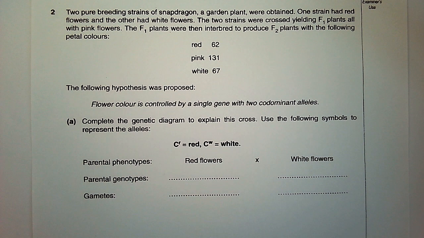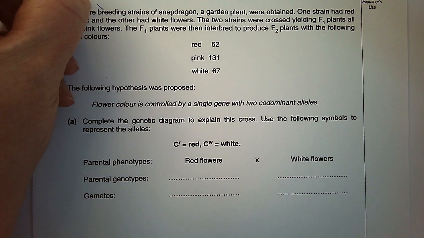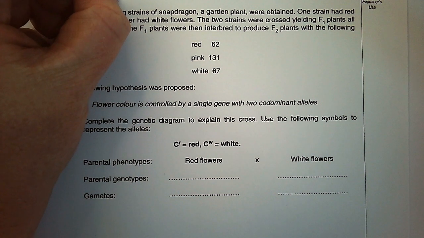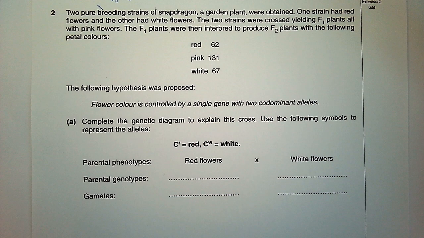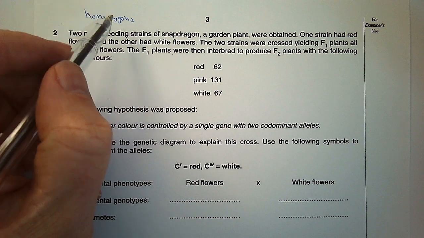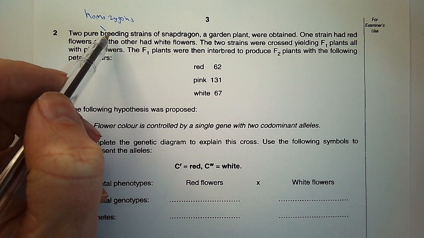So if we just unpick this first of all, if we've got pure breeding strains, they are homozygous, meaning they only have one copy of the allele.